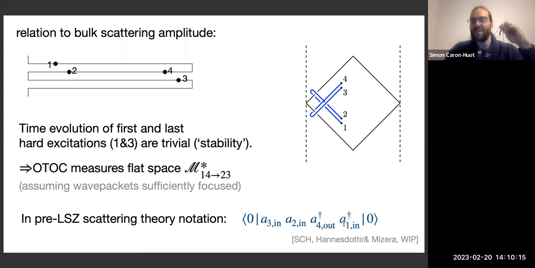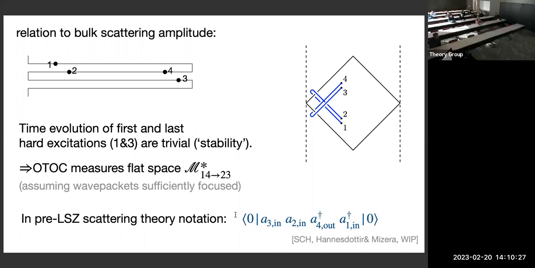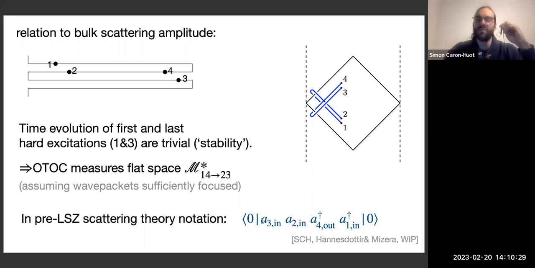We create an in state, we create an out state, and this is something we're further exploring in work in progress. You can do a similar thing also in flat space, and this object turns out to be exactly equal to this complex conjugate scattering amplitude. This is something they proved in the 50s, a long time ago, so nobody knows that anymore. But it's kind of fun to see that they were playing with these operator orderings also back then.